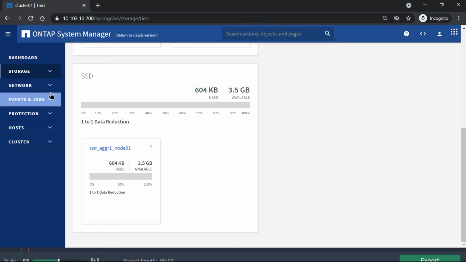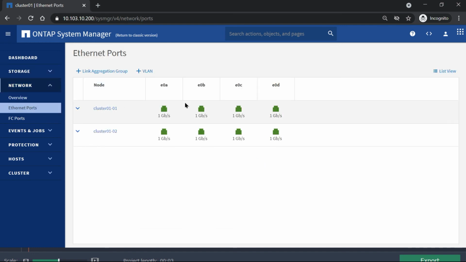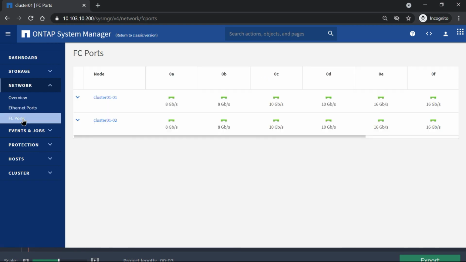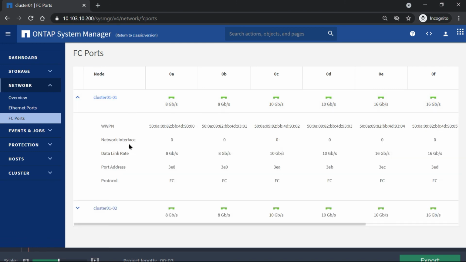What else do we have? The networking configuration. These are the Ethernet ports on each node, and the speeds. And here we can find more information about the Fibre Channel ports, the speeds, the WWPNs of the ports. Great. What else?